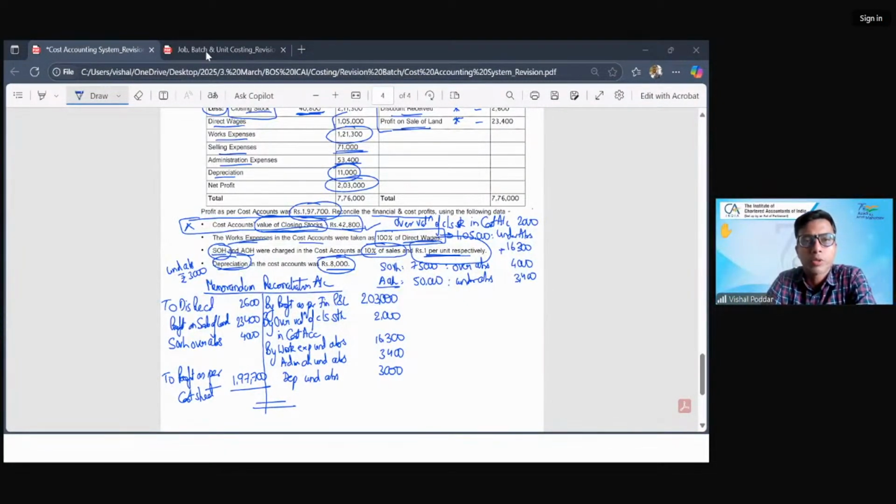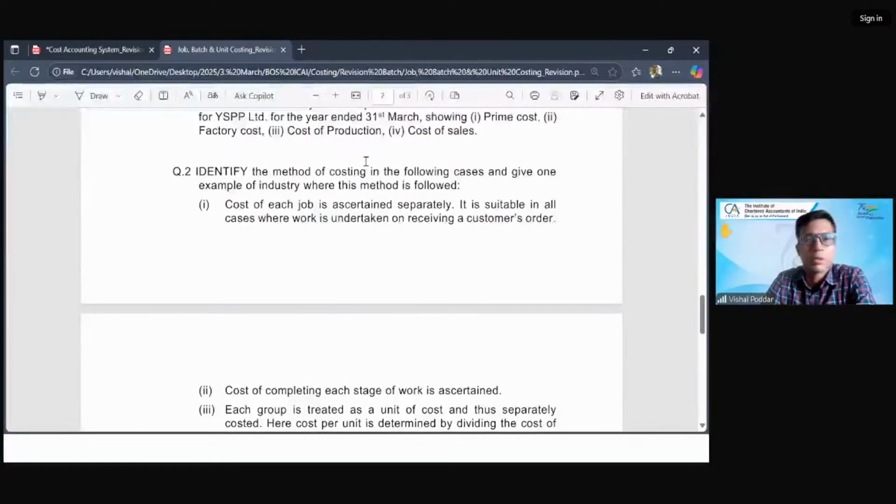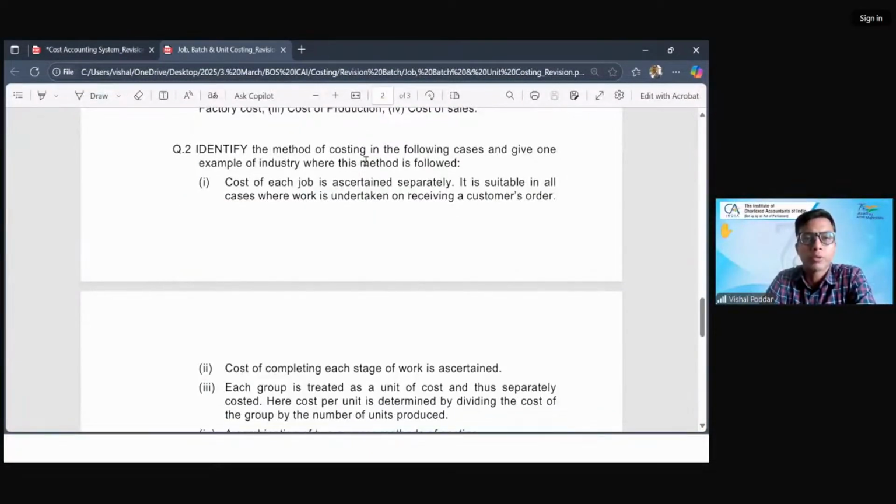Now, let us go to this conceptual sum from job batch unit costing. So what is the question? Identify the method of costing in following cases and give one example of industry where this method is followed. Now, you have to identify which method is followed in these cases, and you have to give the name of industry where this method is followed.